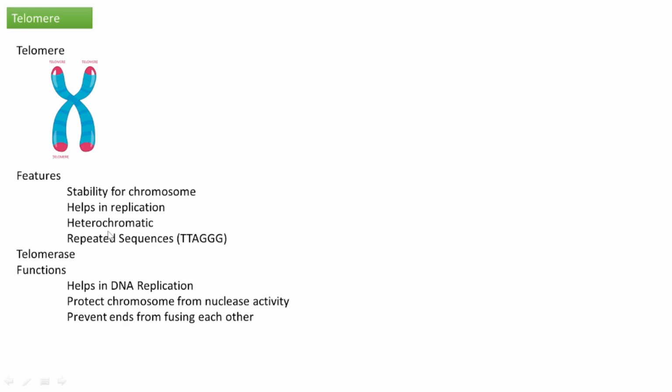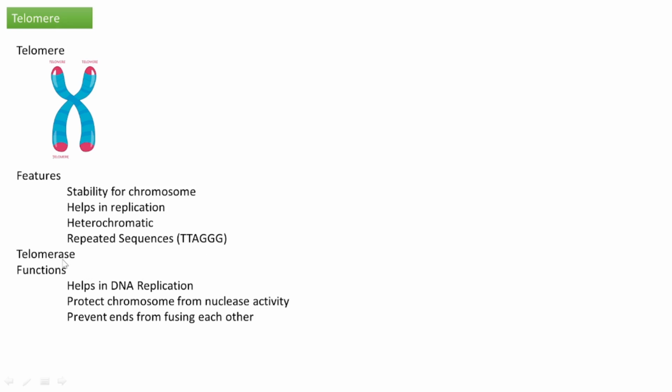What is heterochromatic? I already told you: they are highly condensed regions of chromosome. Also, this telomere contains many repeats of the sequence TTAGGG. This sequence is repeated so many times in the telomere portion. These are some features.